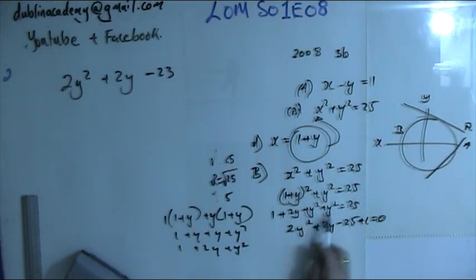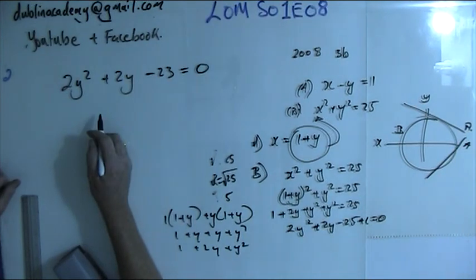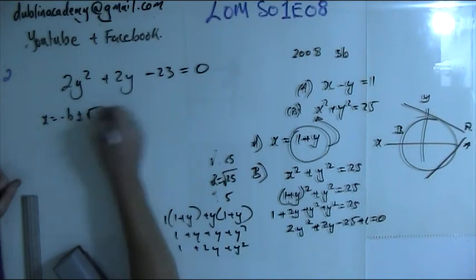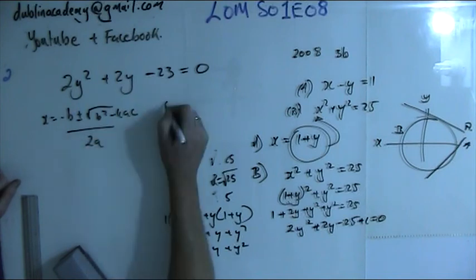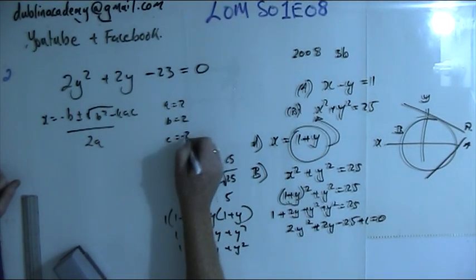Okay, so you've got 2y squared plus 2y minus 25 plus 1 is equal to 0. Right, so this doesn't look as though it's going to work out. You'll have to use the formula x is equal to minus b plus or minus the square root of b squared minus 4ac all over 2a. a is equal to 2, b is equal to 2, and c is equal to minus 23.